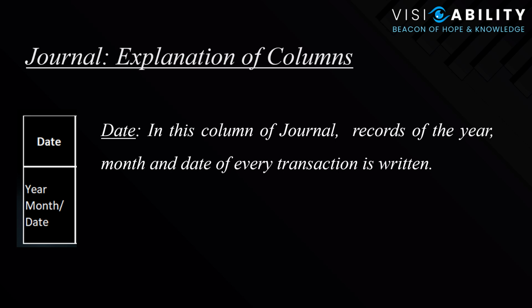The first column from the left is the date column, so obviously it would have the day, the month and the year recorded. You write that for the transaction on the very first line of your journal.